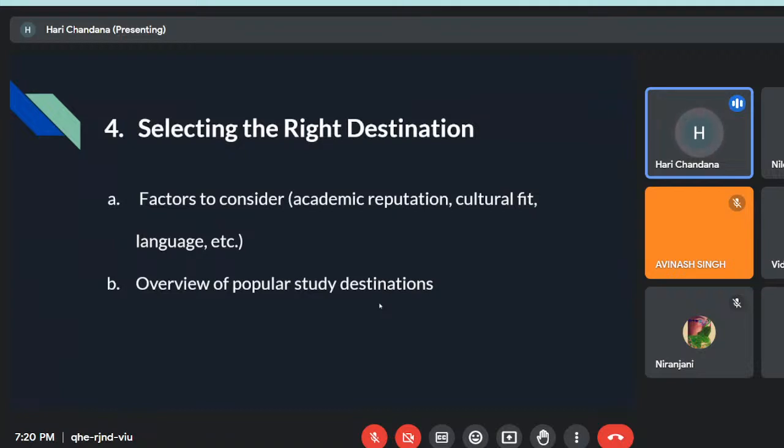Ensure that you have all this in place before your intake begins. If you don't have enough time for all these formalities, consider going for the next intake. We have a number of intakes in a particular year, such as spring, fall, summer and winter. So you can always take the next intake and check the visa entry requirements of the destination you are interested in.